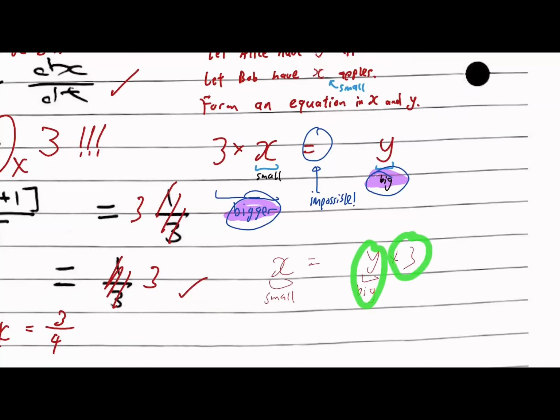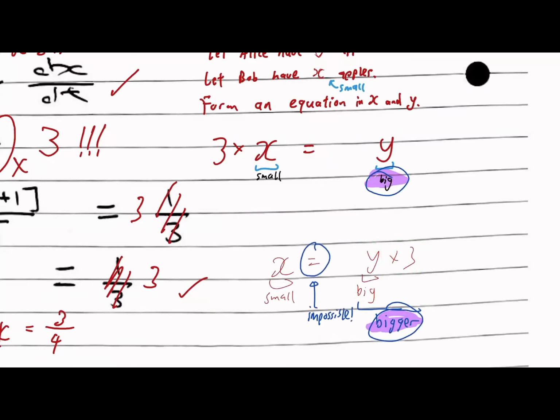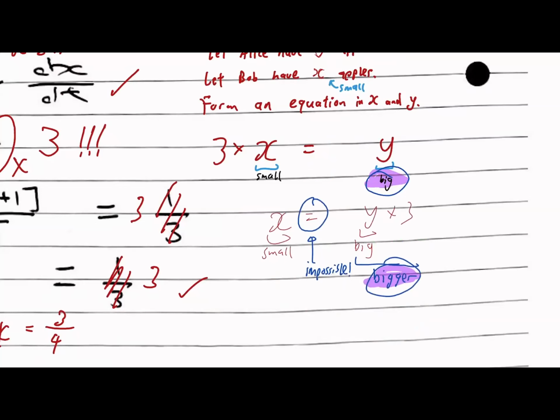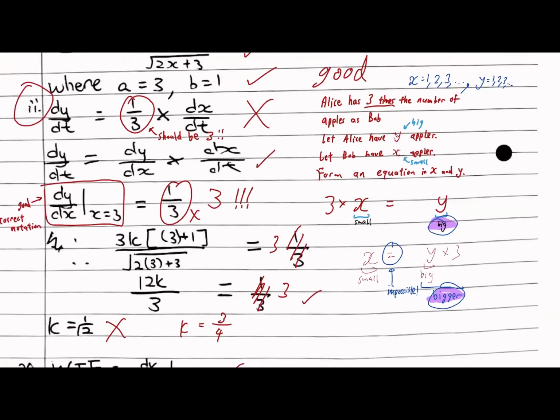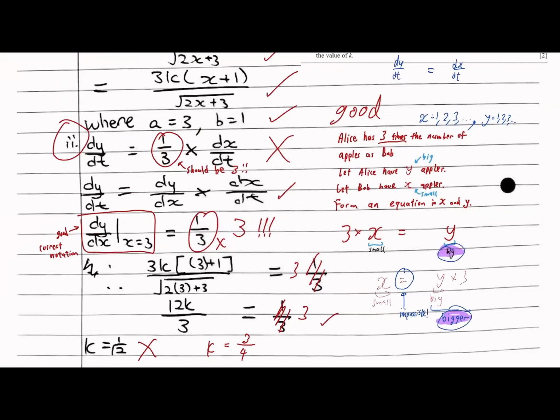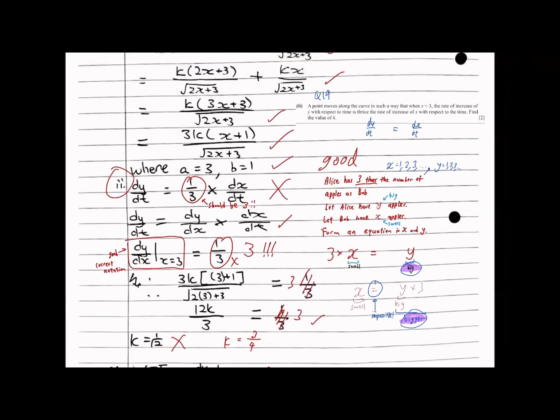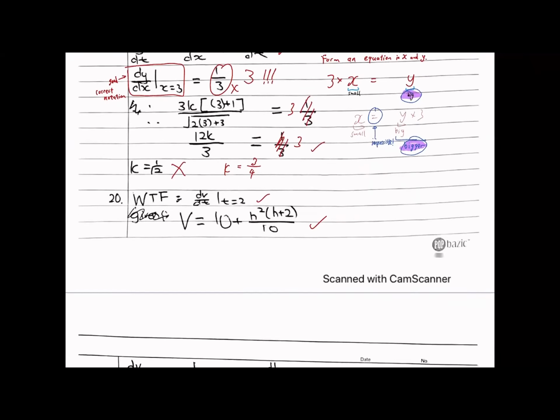Big guy times 3, it becomes bigger, right? Let me make a correction. Yeah, this is better. Bigger equals to small is impossible, right? But if you take 3 times of a small, you get big. That will make more sense. Okay. You slowly go and work it out. It should be a 3, not 1/3. Yeah. Moving on.